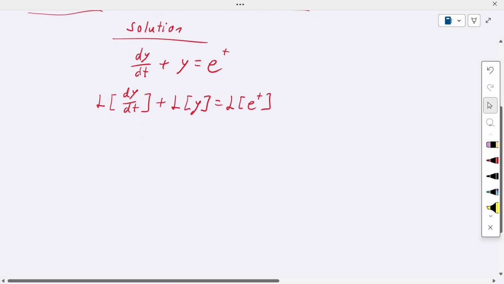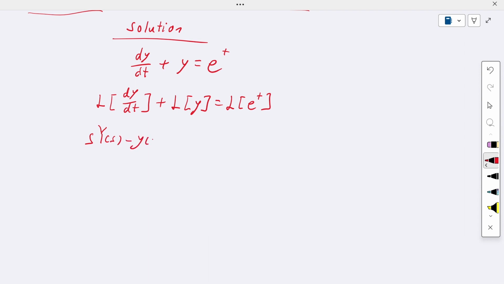Okay. So when the Laplace operator is applied on the first derivative, we get two terms. We have x times capital Y of x, minus the initial condition y of 0. Then the Laplace transform of y is equal to capital Y of x. And here, the Laplace transform of exponential t is equal to 1 over x minus 1.